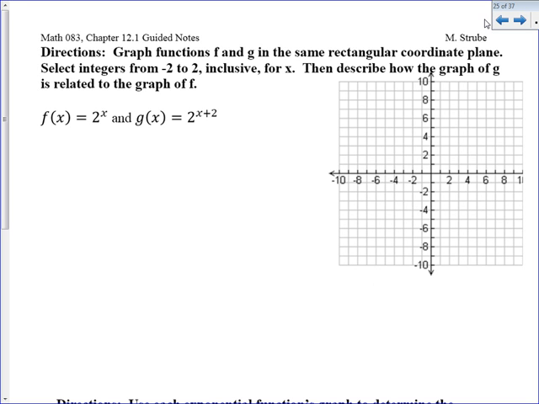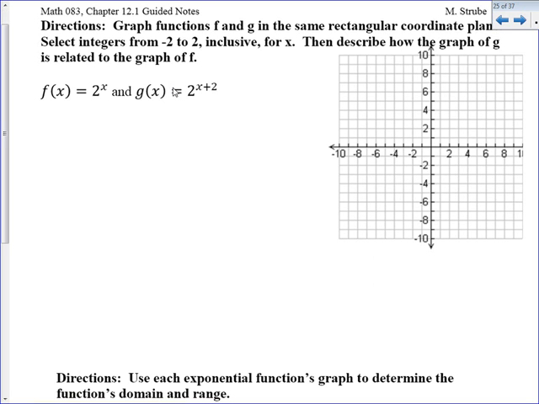I'm actually going to start with g of x. We'll do f of x second. I just want to show you how g of x is different than our previous example. So we have to graph both of them. So I'm going to make my table: negative 2, negative 1, 0, 1, 2.